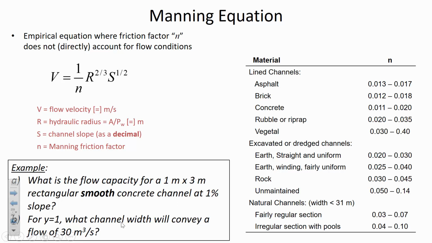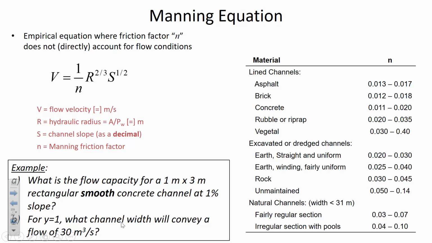Okay, so we don't know how wide the channel needs to be. What we're trying to do is convey a flow rate of 30 cubic meters per second. The n value is still 0.011. The slope is still 0.01 for 1%.